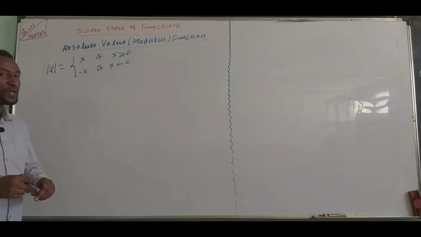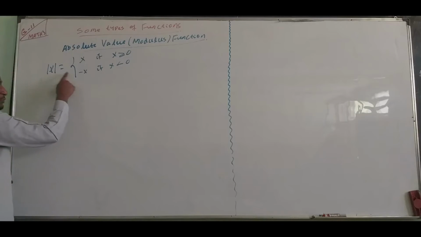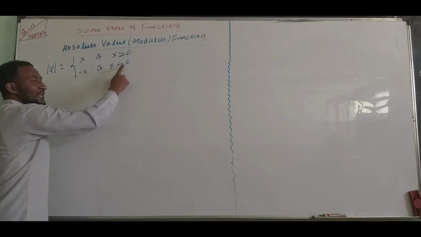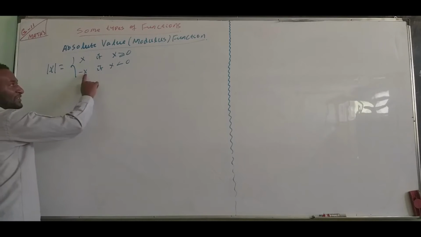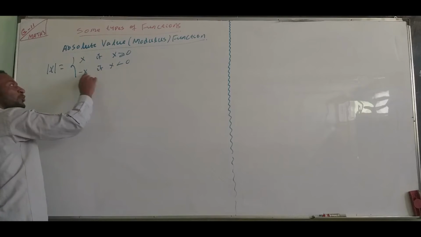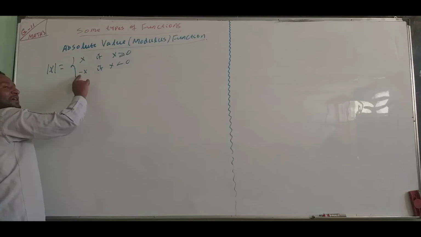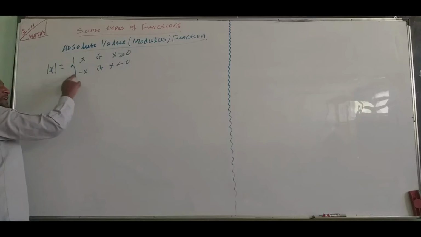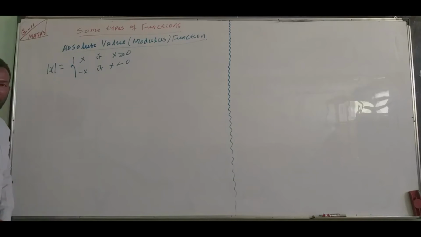That means x by itself is negative, so when we multiply by negative, the absolute value of x is negative x.